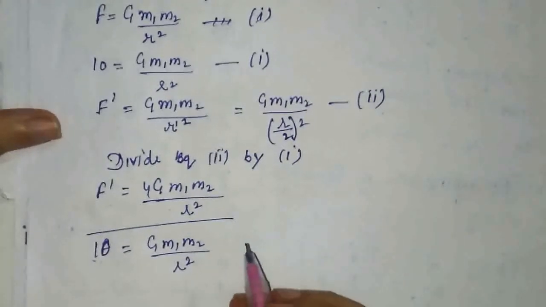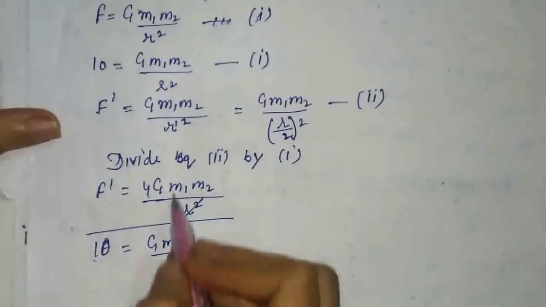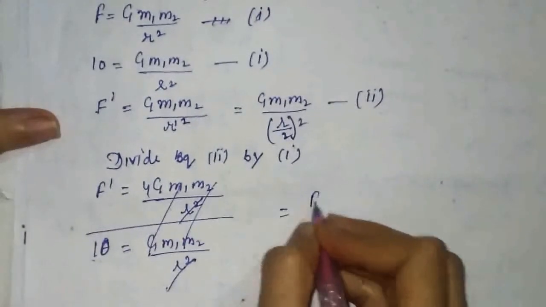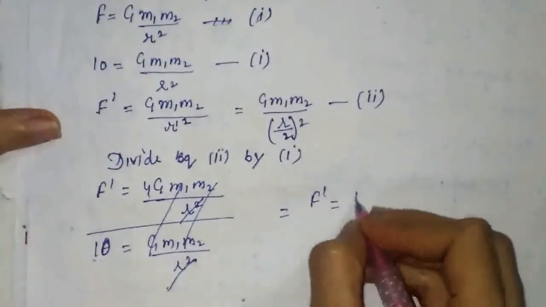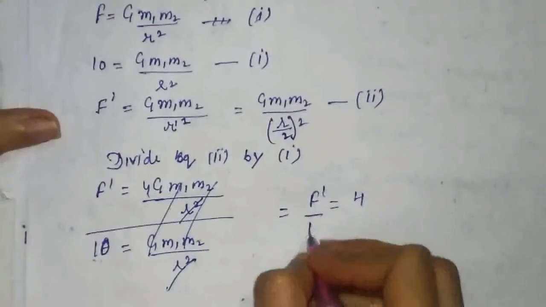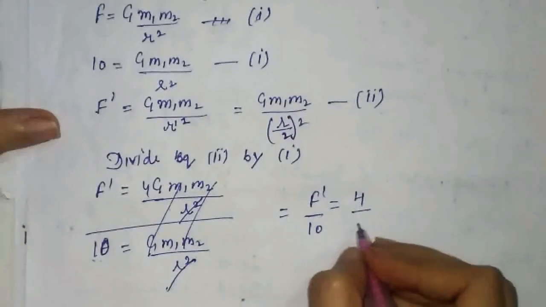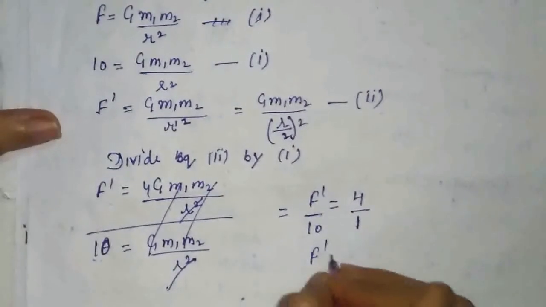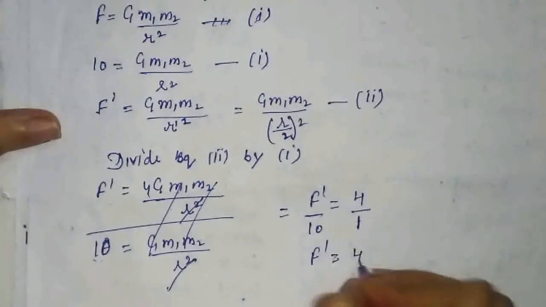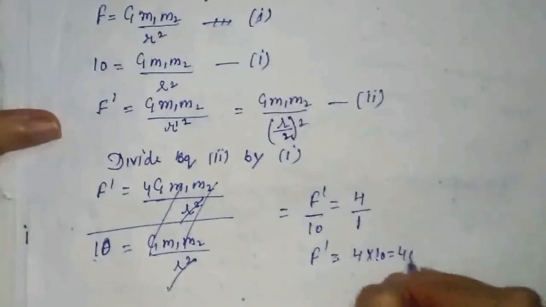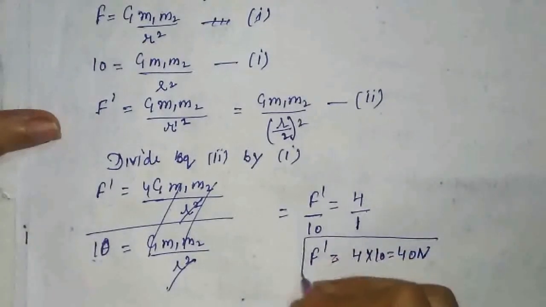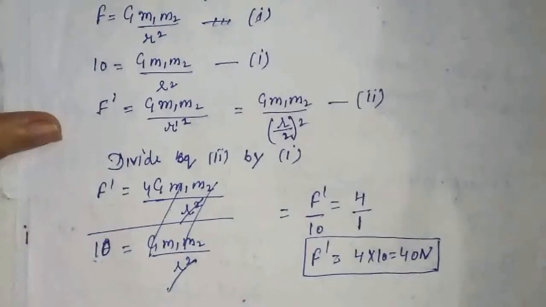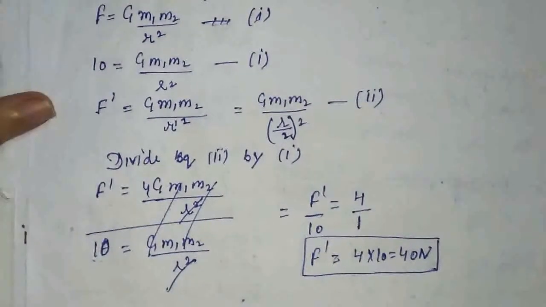Clear? Now all these values will be cancelled and we are left with F dash upon 10 equal to 4 upon 1. Now cross multiply, 4 into 10 becomes 40 Newton. That is your new force of attraction acting between two bodies.